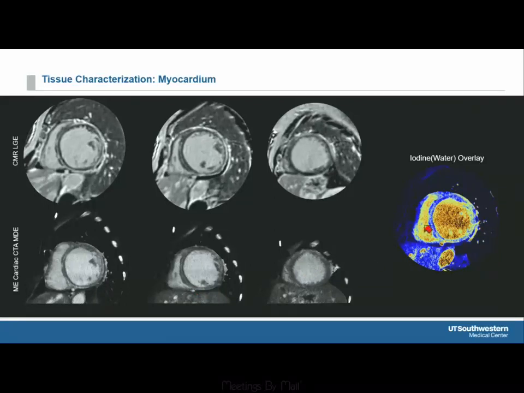We can also look at the iodine concentration and generate these color maps, which show basically the same finding.